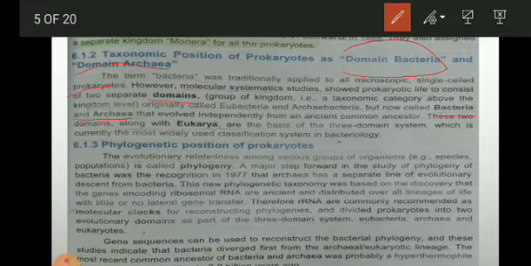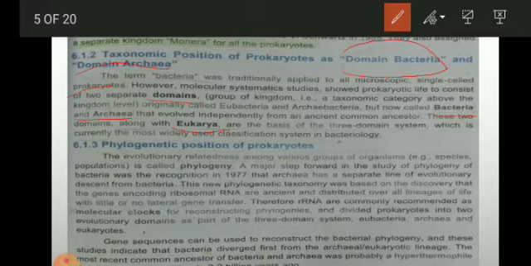There is another domain, eukarya, which has eukaryotic organisms with a proper nucleus in their cells. These three domains are now systematically studied under classification or taxonomy.